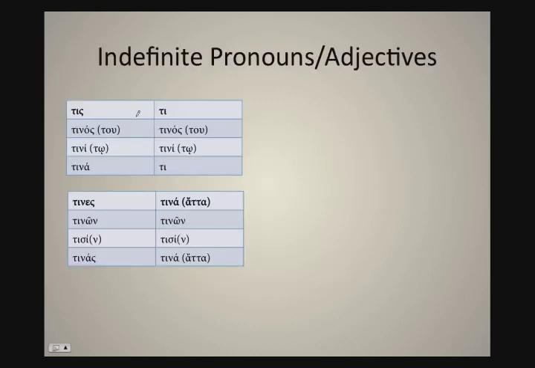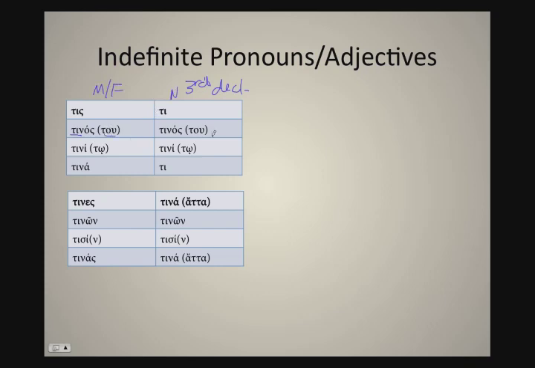Now, if we look at the forms of the indefinite pronouns or adjectives, and again, the pronoun simply if it is standing by itself, you'll notice is tis or ti, and then the stem is tin, and it becomes a third declension word. Okay, so tis, ti, here's our masculine feminine, and there's our neuter.